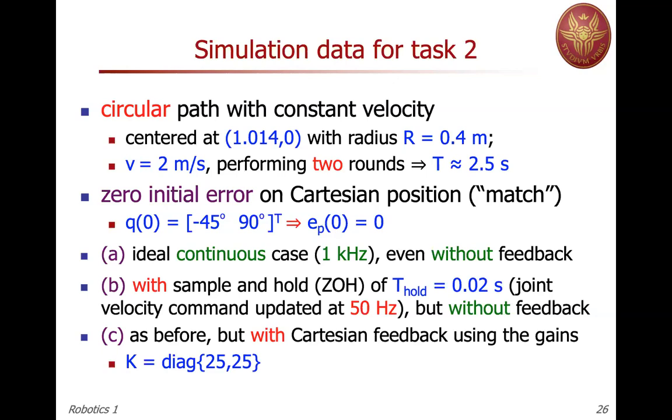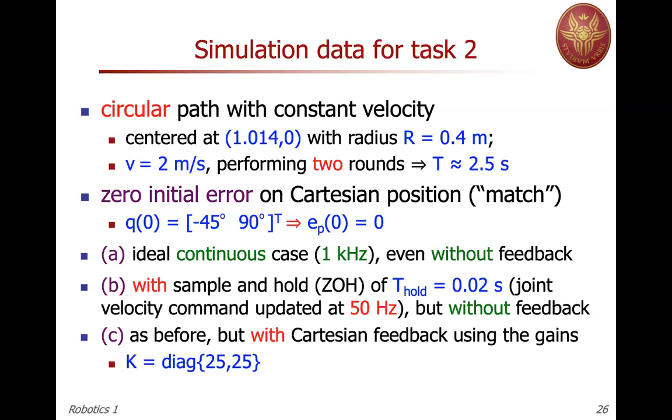And in fact, if you update things at 1 millisecond, so at 1 kilohertz, you do the simulation, but as I said at the beginning, I'm updating also the commands every millisecond, so at this frequency, even if you switch off the feedback, so if you take kp equals 0, so you're just giving the feed-forward command, so you're just doing planning and controlling with the planned velocity without any compensation of potential error, we will see what happens.